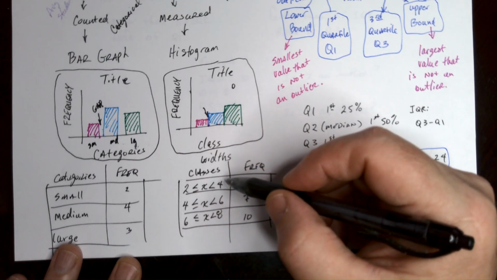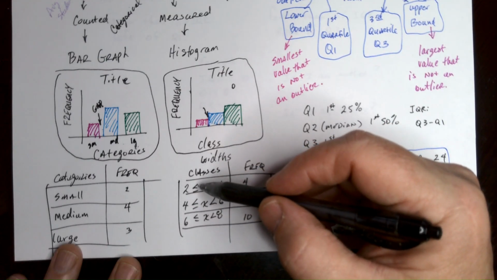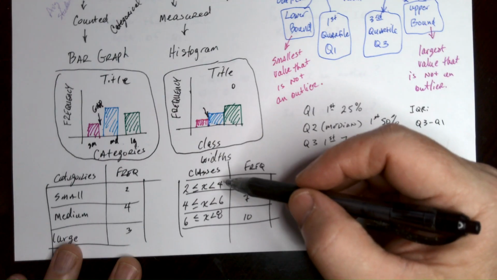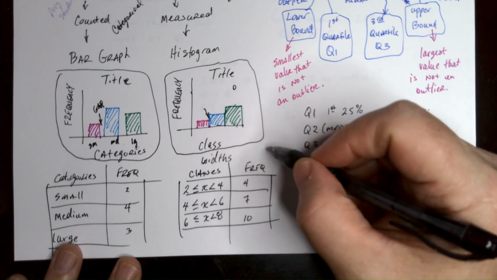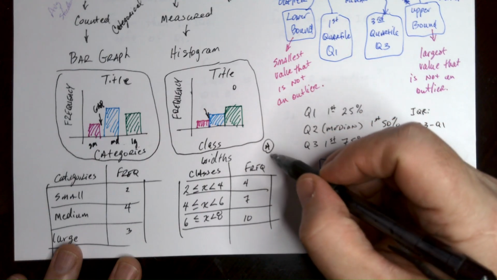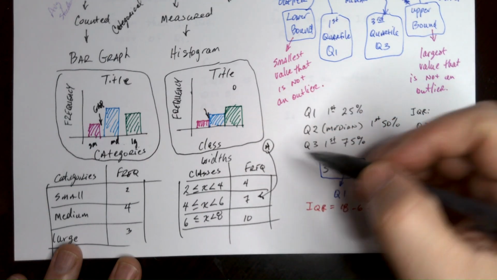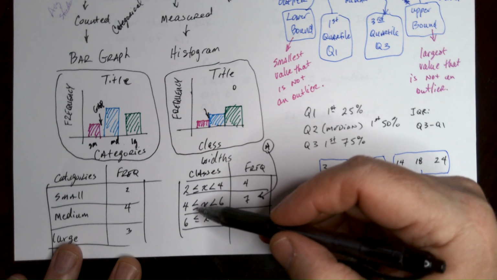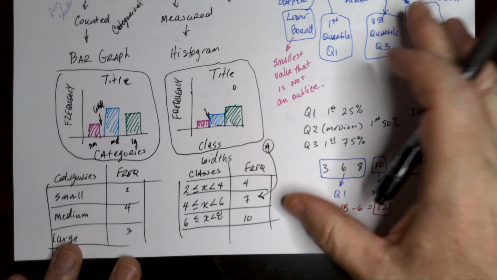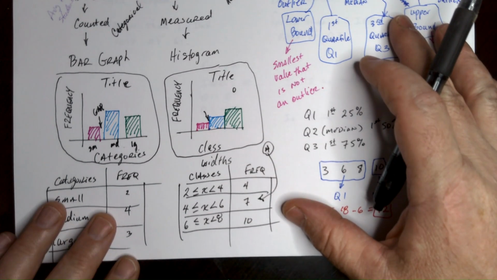So you have a lower bound and an upper bound. This is going to be a strict inequality. This is going to be a non-strict inequality. So for example, if something was exactly 4, its frequency would go in here, not here, because this is less than 4. This is greater than or equal to 4. So that's how histograms and bar graphs work.